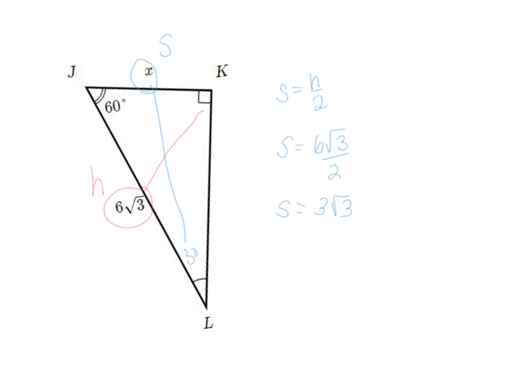We have an equation that does that: the short side is equal to the hypotenuse divided by 2. The hypotenuse is 6 times the square root of 3, divided by 2. Then we can take the 6 and divide it by 2, and that gives us 3. That lets us know that the x we're looking for, the short side, is 3 times the square root of 3.